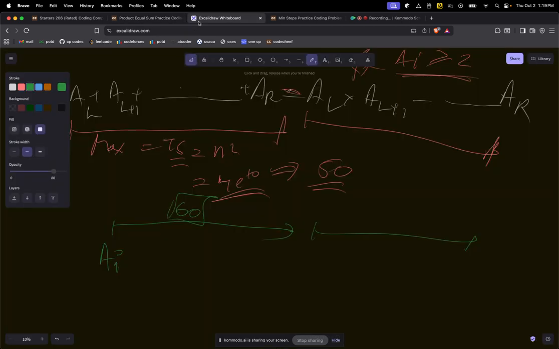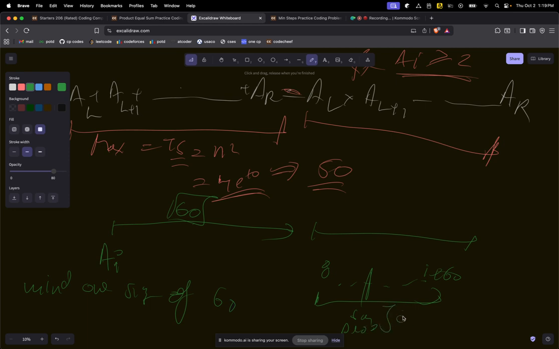So if the question was that all a_i would be greater than or equal to 2, how we would solve it is that I keep the maximum window size of 60. For each index, I only have to go from i to i plus 60. For each point in between, we calculate the sum and we calculate the product.